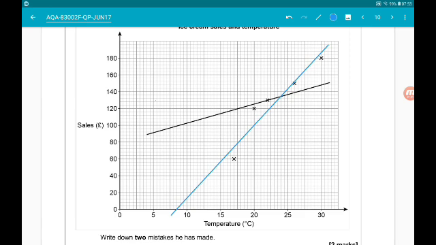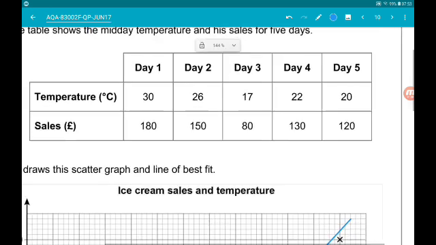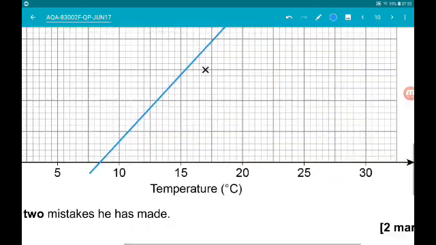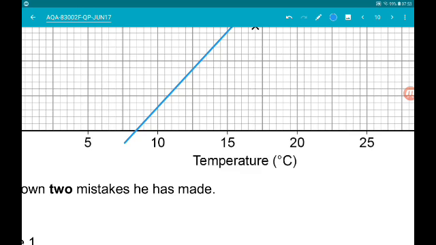Another one we could say is that one of the points is incorrect. So it's this one, the 1780. So along the bottom, 10 little squares represents 5. So every 2 little squares is 1.